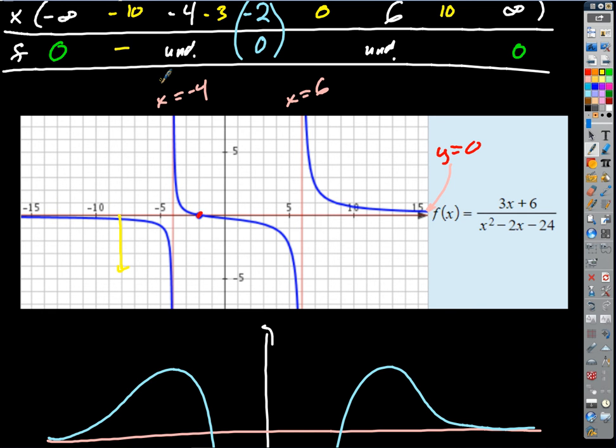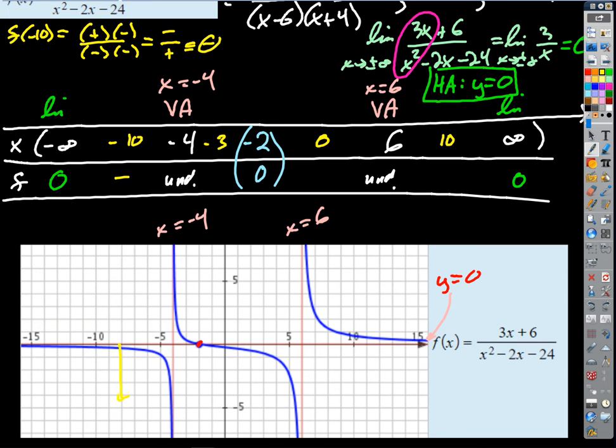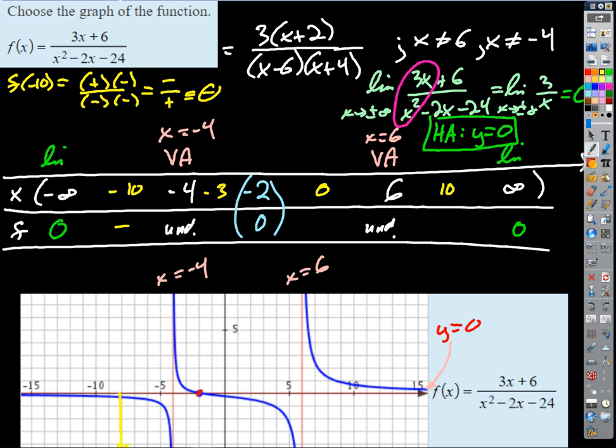Okay? If we check between, at -3, let's just maybe check one more. If we check at -3, we're going to get positive times negative divided by negative times positive, right?